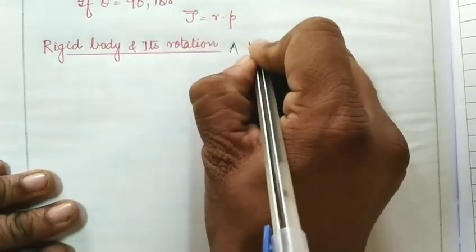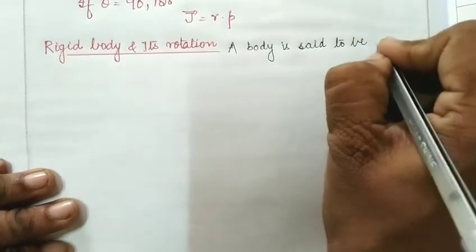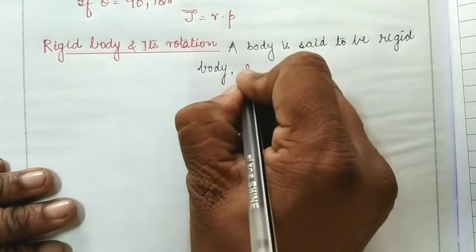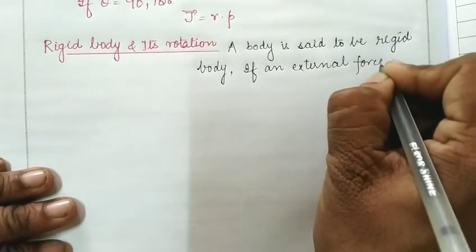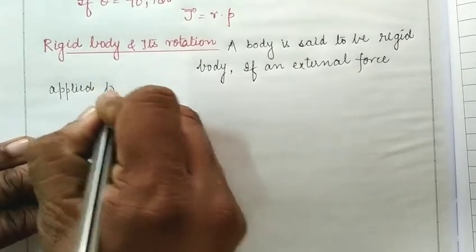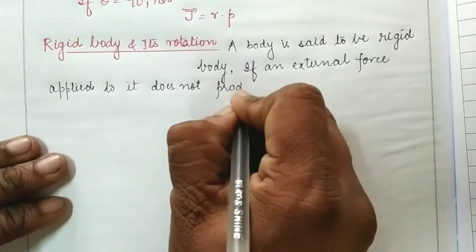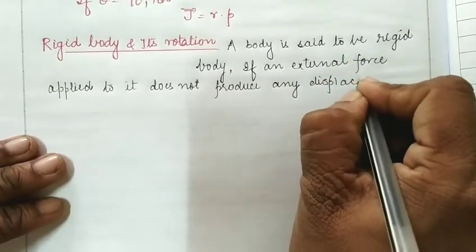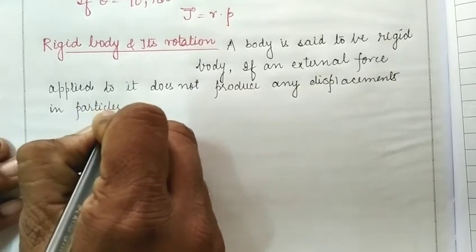A body is said to be a rigid body if an external force applied to it does not produce any displacement in the particles with respect to each other.